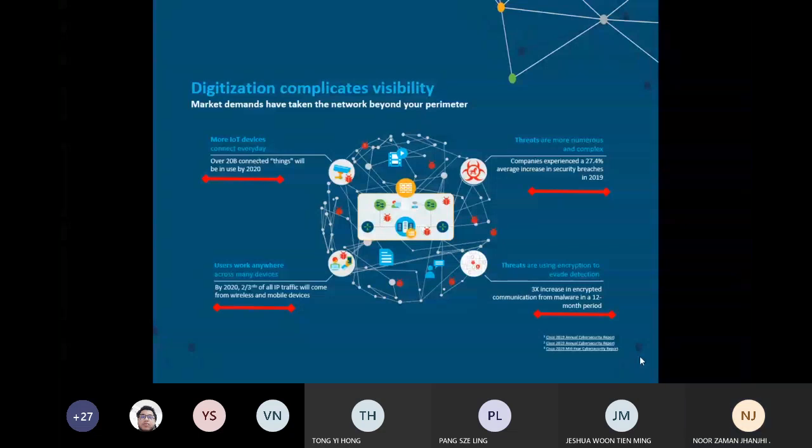devices. What he means by traffic is the network traffic, the bandwidth.